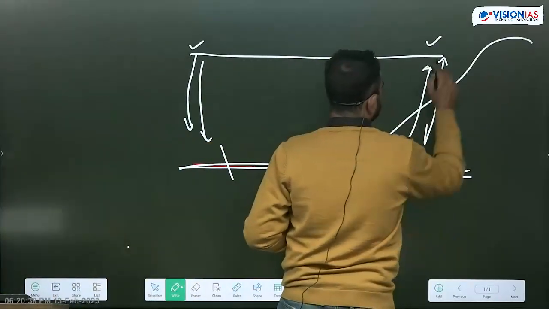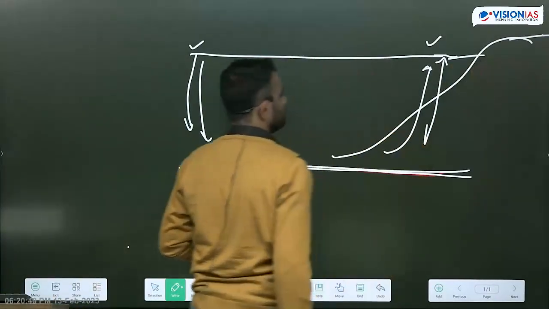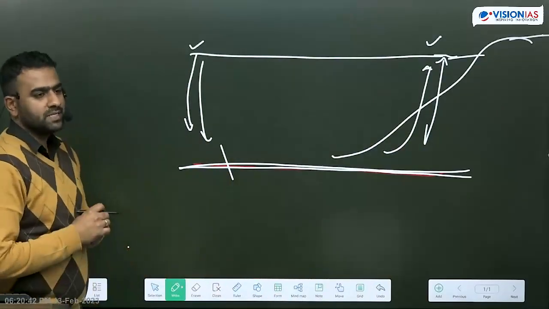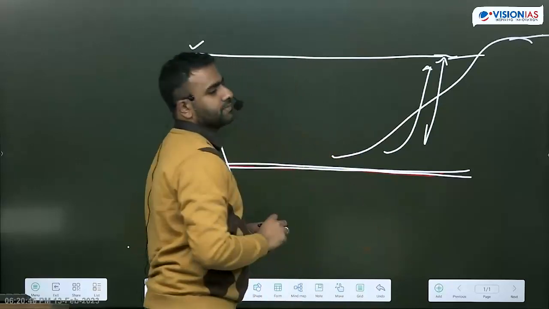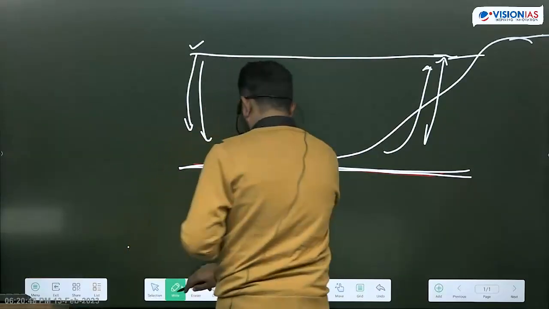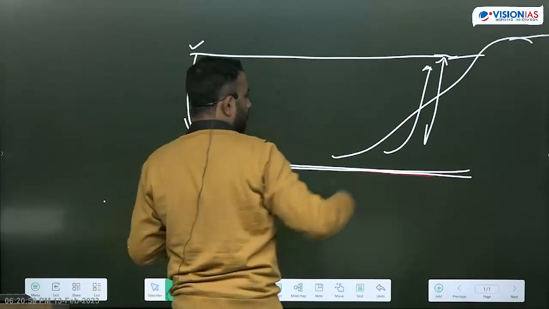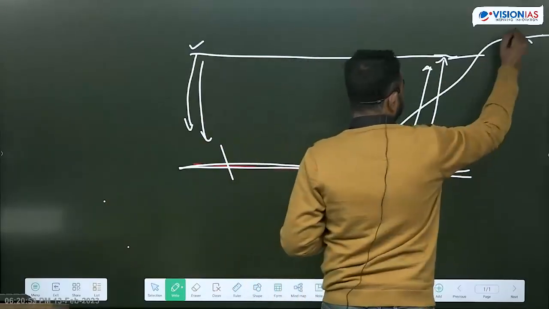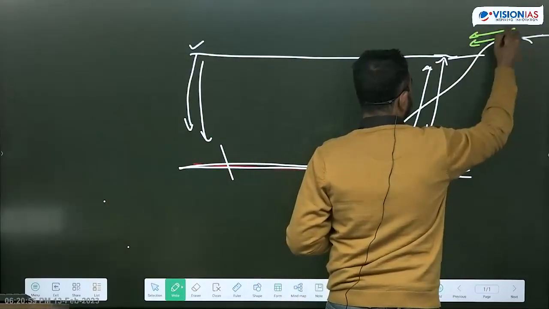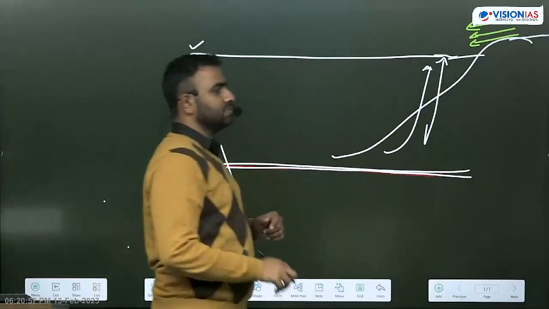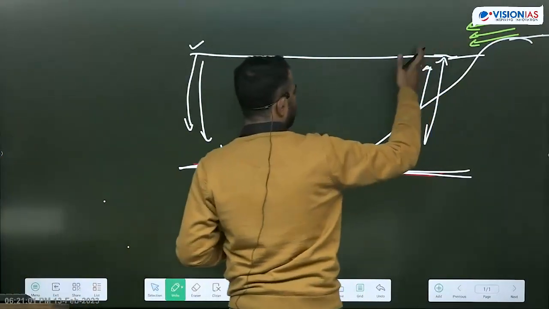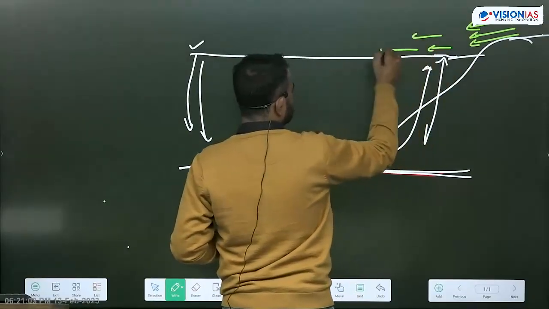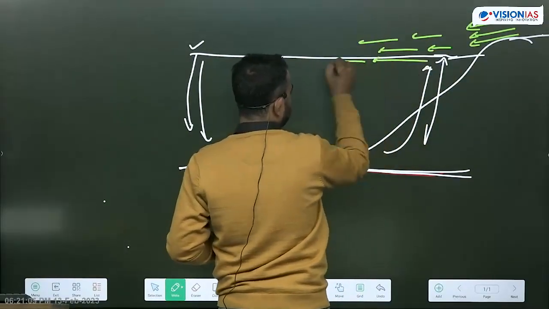So what causes upwelling and downwelling? Let's say there is a land here. One of the most important causes of upwelling and downwelling is winds. So if the land here is positioned in such a way that the winds are coming from land to sea, what do we call these kinds of winds? Offshore winds. If the winds are continuously coming from land to sea, they will push the water also in their direction. यहाँ पर जो भी पानी है, it gets pushed in this direction.